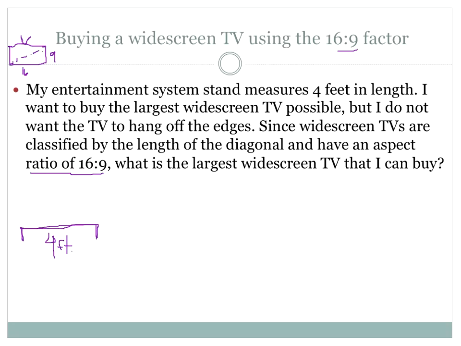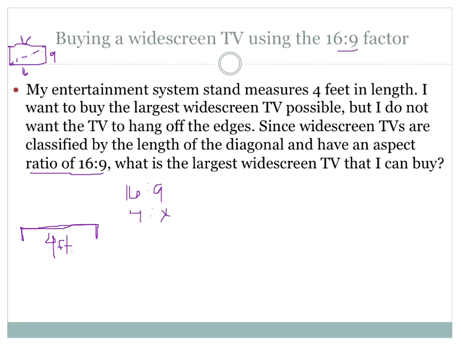I think what you're saying here is 16 to 9 is the same as 4 to, we don't know. Now that's in feet. Is there another way that might help us? I see some people saying 16 to 40 inches, so you're doing kind of 2.5 there.